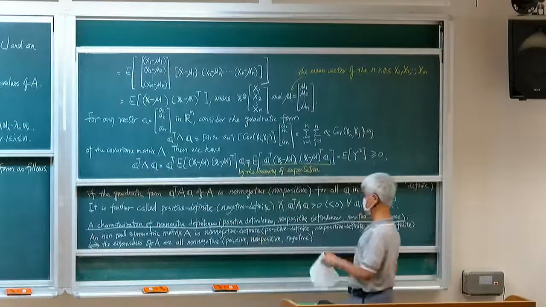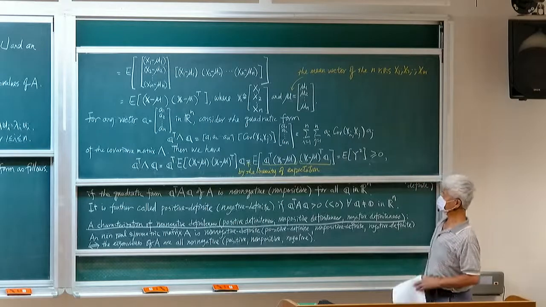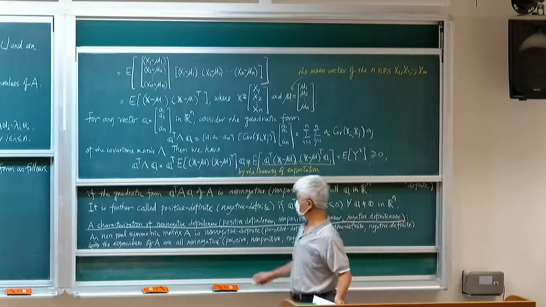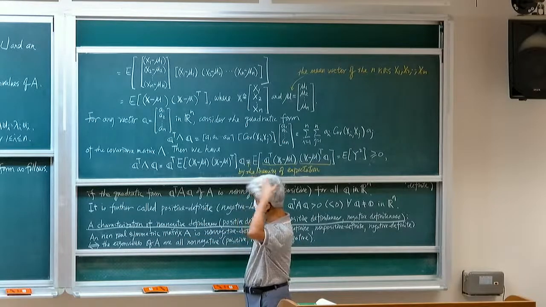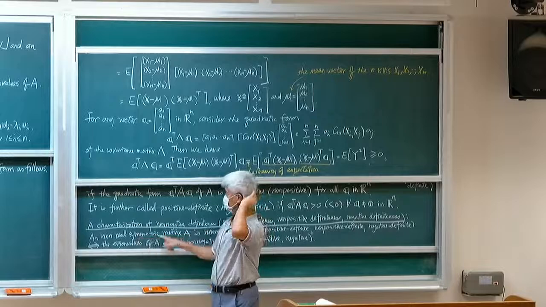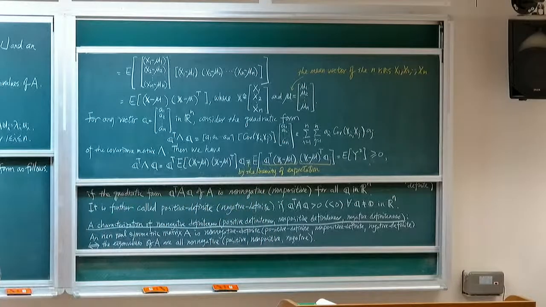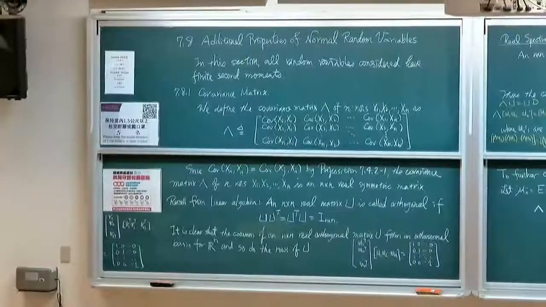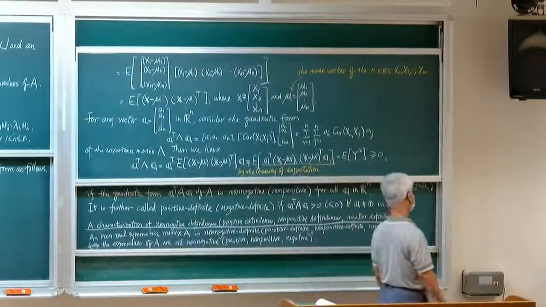Okay, so that would be a very simple categorization. As we know from the real spectral theorem, a real symmetric matrix has a spectral decomposition, so it has real eigenvalues.